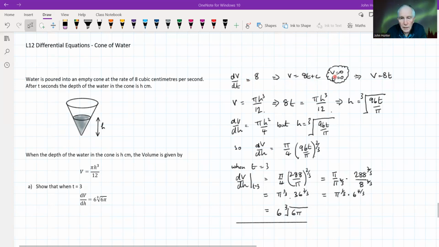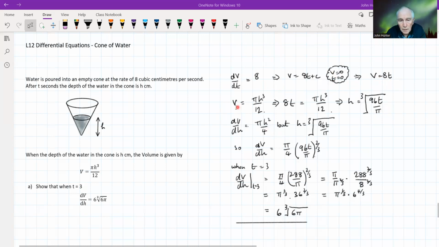And if we apply the boundary condition that is implicit in this statement, poured into an empty cone, so in other words, when t equals 0, V equals 0, and h equals 0, but for our purposes, V equals 0. If we apply those boundary conditions, then that's simply going to give us V equals 8t. All right, so that's useful, but that's not the end of the story here.